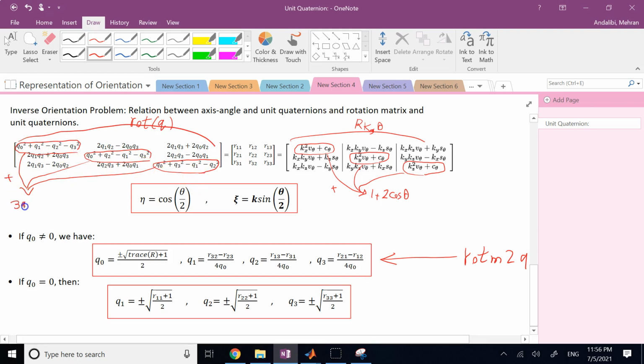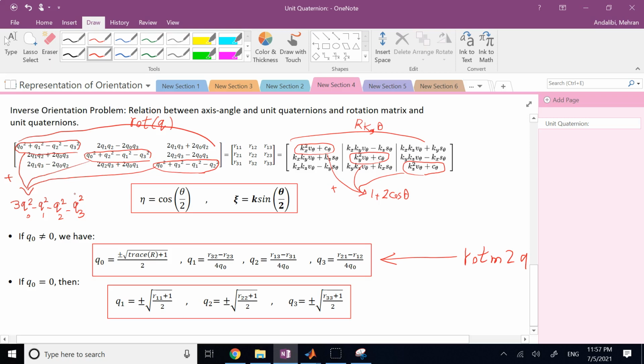Here you have a positive q1, here a negative, here a negative, so you end up with a negative q1 squared. The same thing happens to q2: positive, negative, negative, so it's negative q2 squared. And also q3: positive, negative, negative, so it is negative q3 squared.